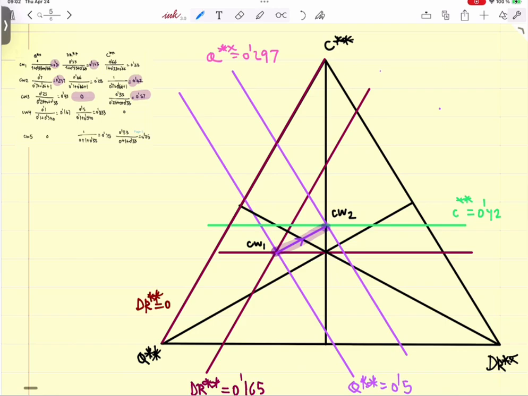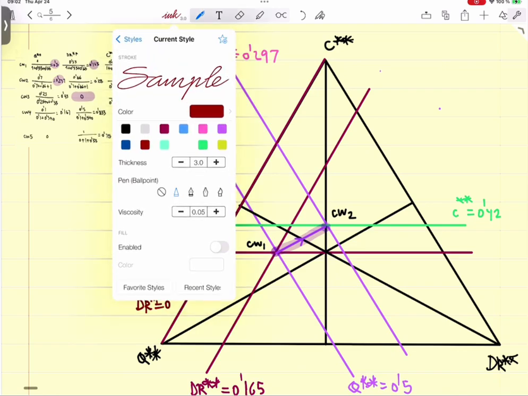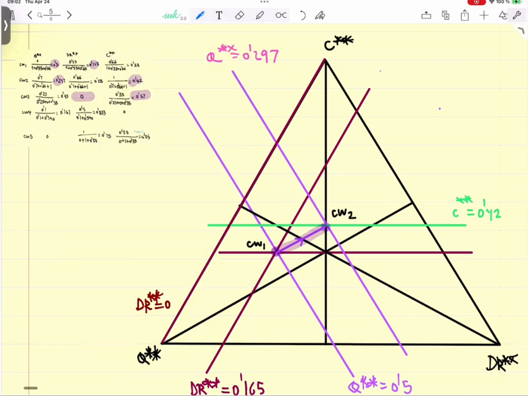And for the cost, we take parallel to this line, and we say it's going to be 0.57, which is going to be somewhere around here. Okay, so this is cost star 0.57. And our calendar week 3 is going to be right there.